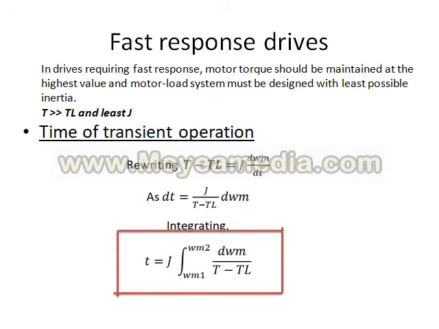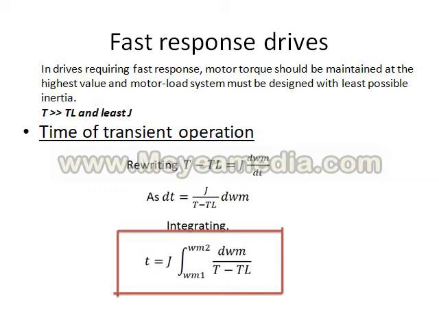In applications where fast response and fast acceleration is desired, the motor torque should be maintained at the highest value, and the motor and load system must be designed with least possible inertia: T greater than TL and least J. From the equation T minus TL equals J d omega by dt, we can derive the time of transient operation.